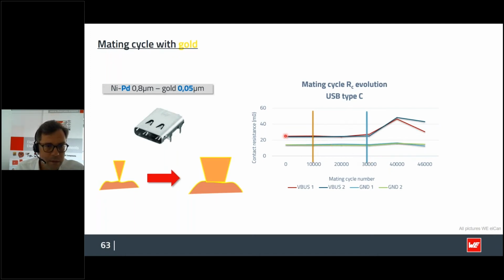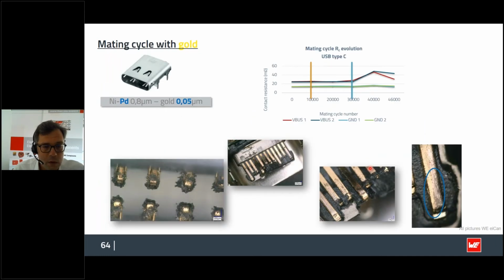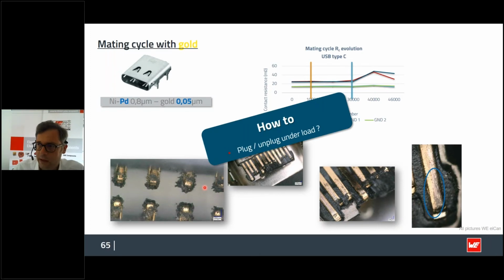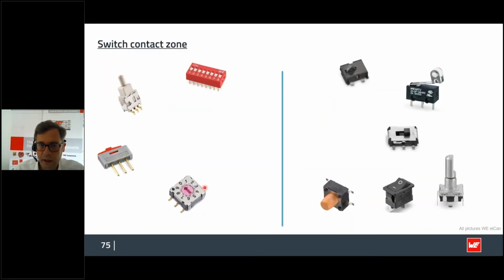Regarding the contact resistance, you can see that you might reach these 30,000 mating cycles without any issue. Of course, you can also find abrasion or fretting corrosion, which is shown over here. You can see some scratches on top of the gold contact. The plastic also gets torn or removed and is attached to the contacts themselves. So that's a point that you need to take into consideration.